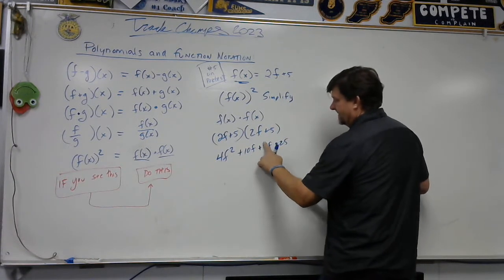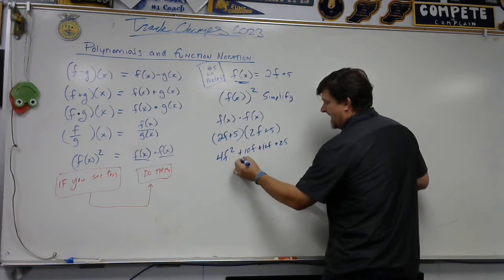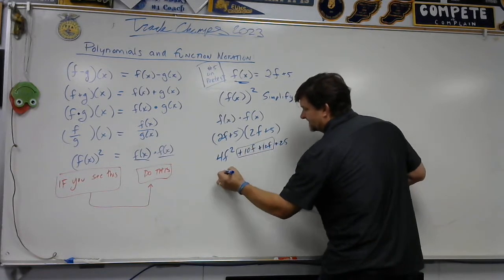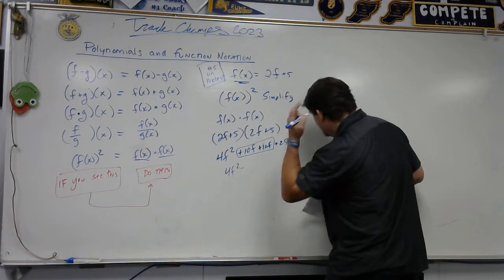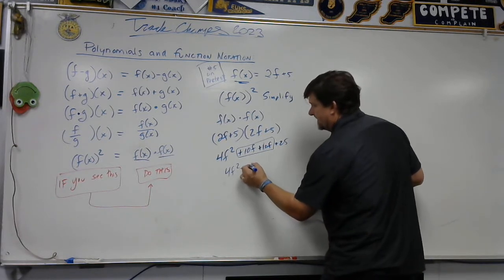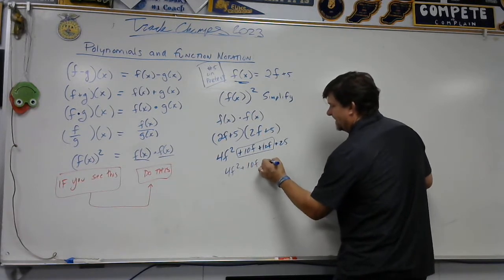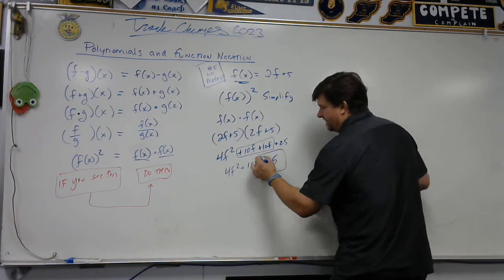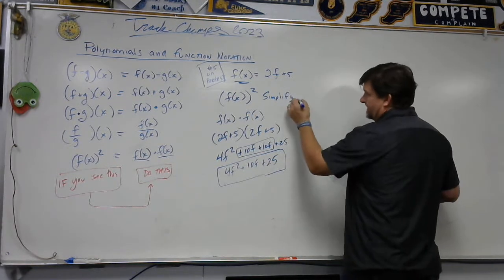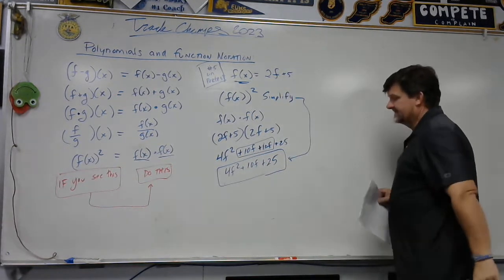We have to combine those two. We get 4f squared plus 20f plus 25. That is my simplified answer of this.